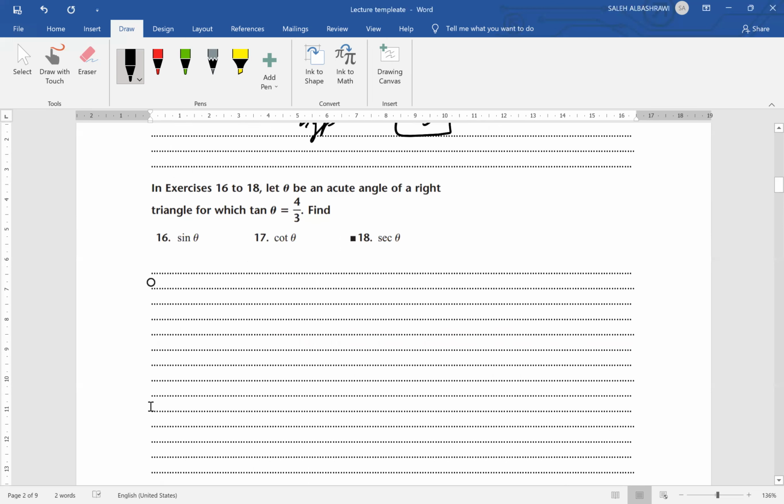So it is the same idea. We are given tangent. Tangent theta is defined to be the opposite divided by the adjacent.